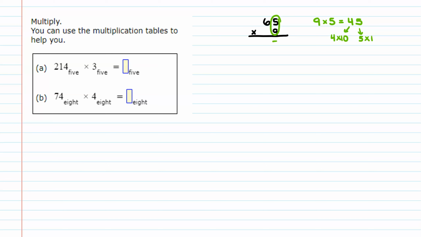So the 5 ones go here, and then the 4 tens go up here. But we don't multiply that 4, right? The next step is to multiply 9 times 6. So we do that math, 9 times 6, and that makes 54.